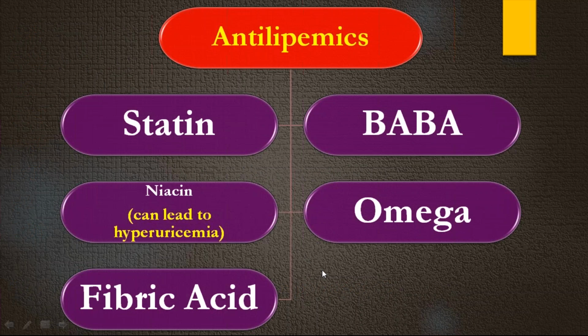So let's go to a main topic here for the exam, the antilipemics. There are many questions that can be here, many things that you need to remember. Of course, there's no space for all questions, but definitely I'm going to talk about all that is relevant about antilipemics. Just remember all the names that we have there, and I'm going to go straight to the point.